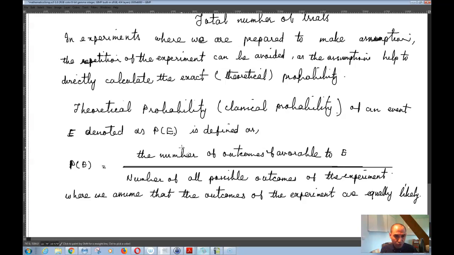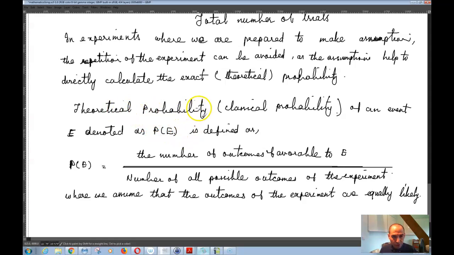And so the outcomes of the experiment are not equally likely, assuming that the outcomes of the experiment are drawing red balls versus drawing blue balls, right? So that's basically the definition here.